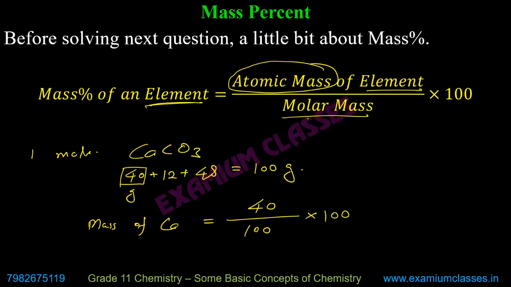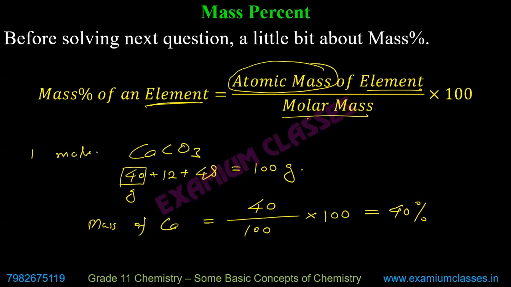So can we write this formula as molar mass of the element upon molecular mass into 100? Okay, you can write that, because anyway we are not writing the unit here. Yes, you can write molar mass of the element because that will be in grams. Molar mass will be grams per mole.